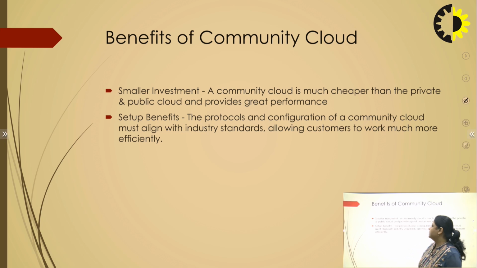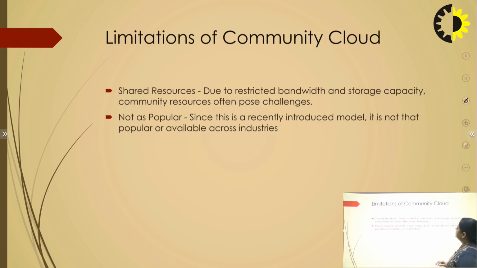And there are also some limitations of community cloud, that is, shared resources, or we can say limited scalability and resource constraints. Basically, one of the most significant limitations of community cloud is resource constraint.